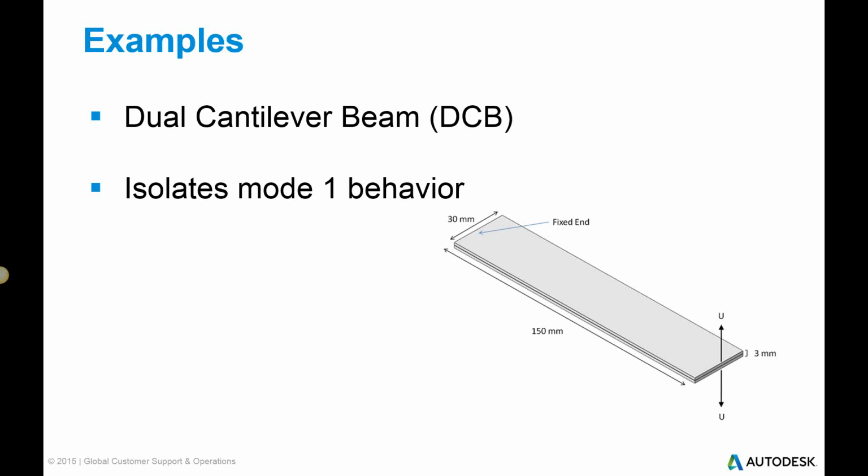We're applying a displacement on each ply, one pulling it up and the other pulling down, and that's causing some separation of mode 1 cohesive behavior in that cohesive layer.